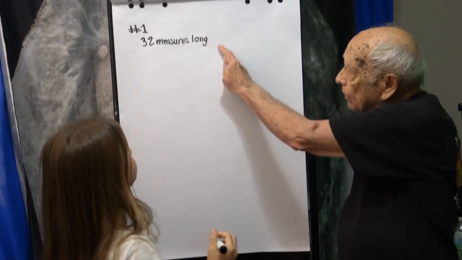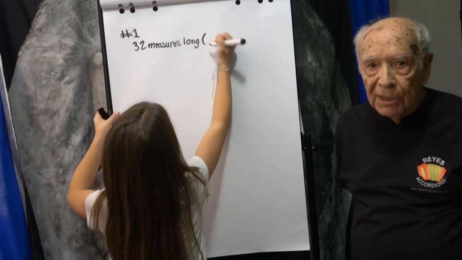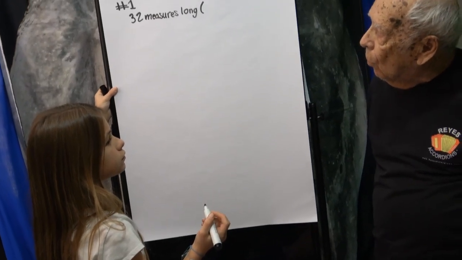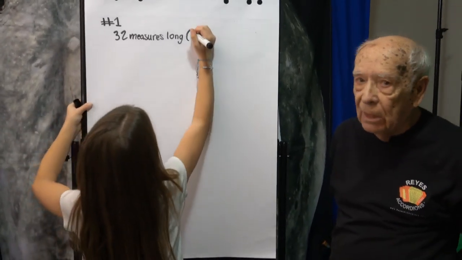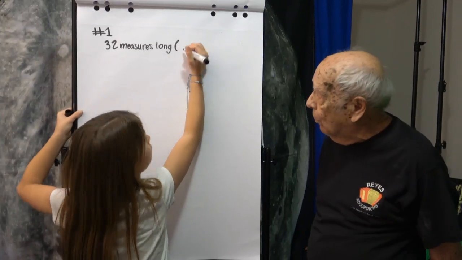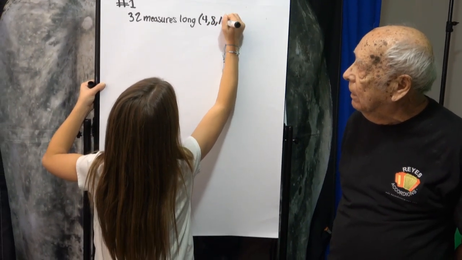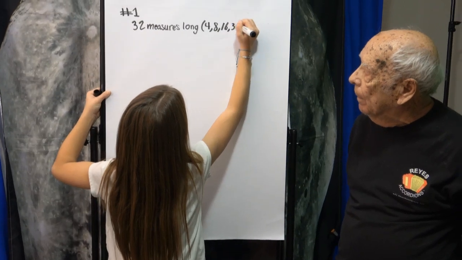Now put parenthesis. Now simple math tells you you can break that up into what? 4, 8, 16, 32.